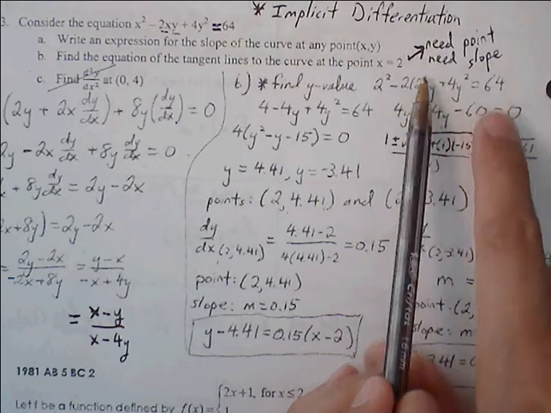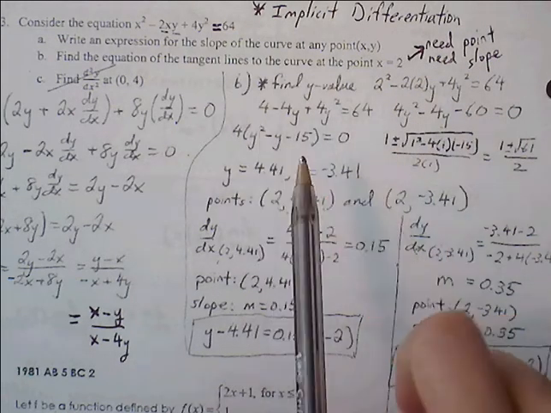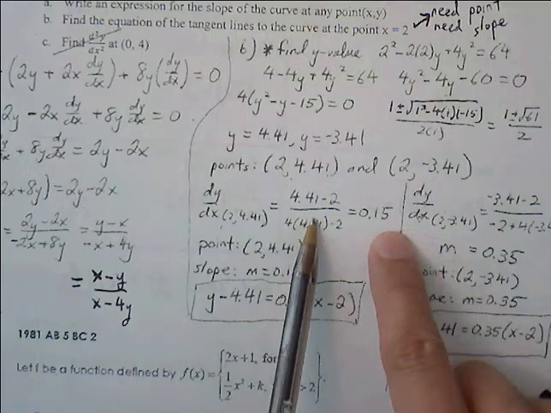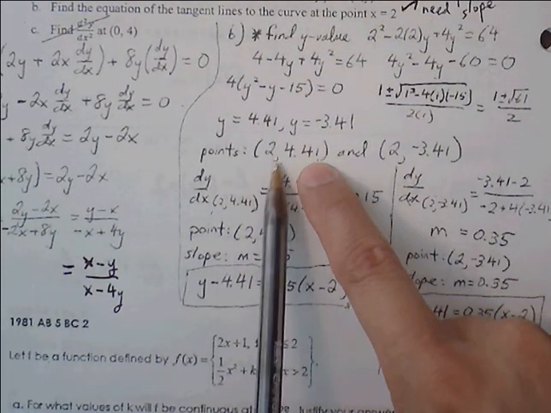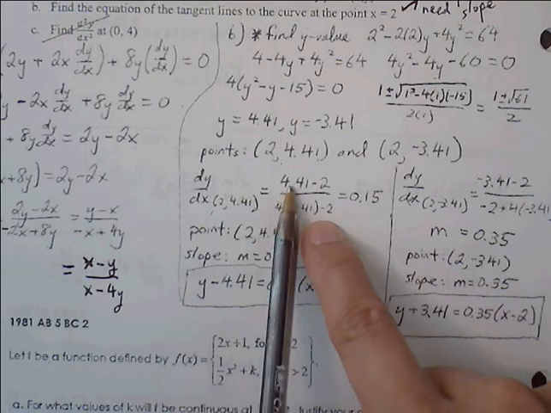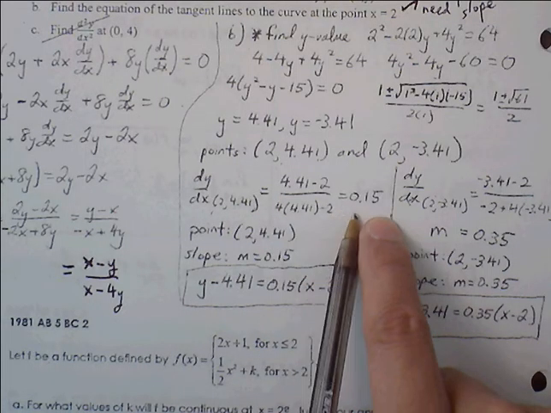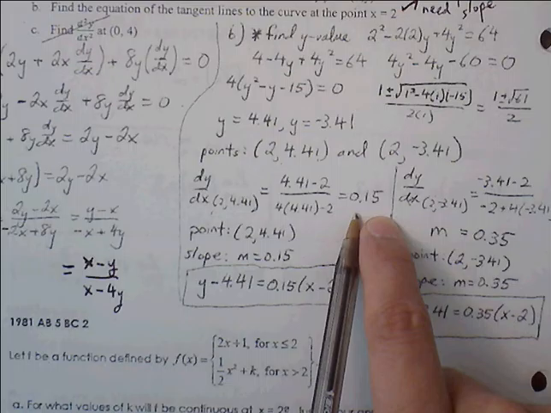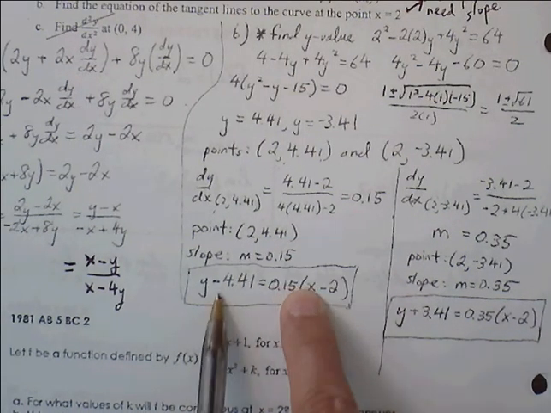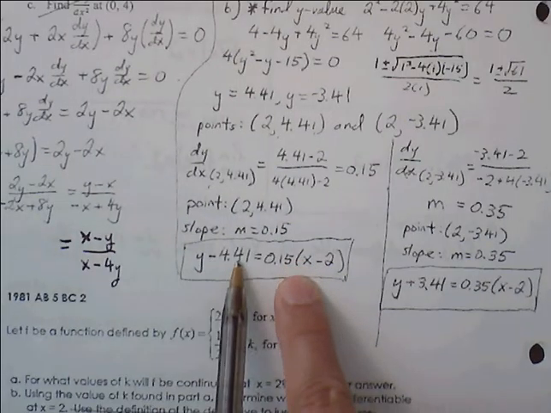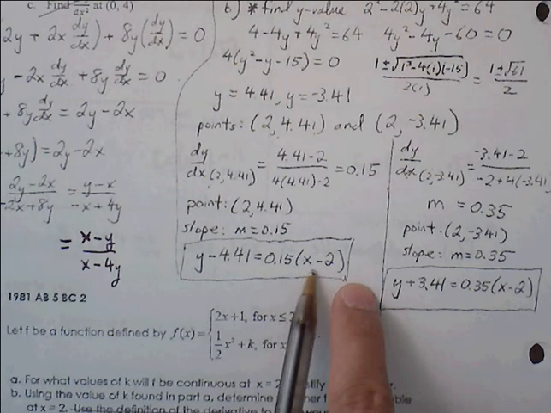We take our ordered pairs and plug into the derivative equation. If I plug in 4.41, my first ordered pair, I get 0.15. That's my slope. There's my ordered pair and there's my slope, and then I can write point slope form: y minus y sub 1 is equal to m times x minus x sub 1.